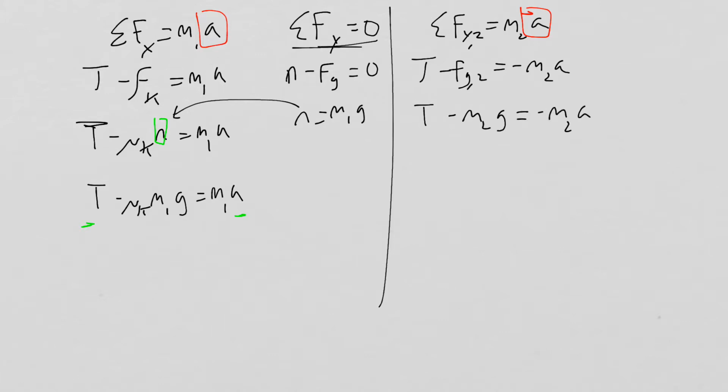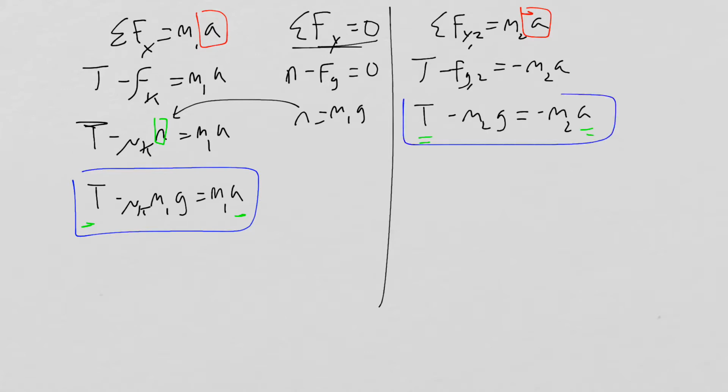Now we see something pretty nice in these two equations. We don't know tension and we don't know a, but we know everything else. We have two equations and two unknowns, so if we solve the system of equations, we're going to answer both parts C and D. I'm going to solve for T: T equals m2g minus m2a. I'm going to put that into the other equation, and now it's just a lot of algebra.